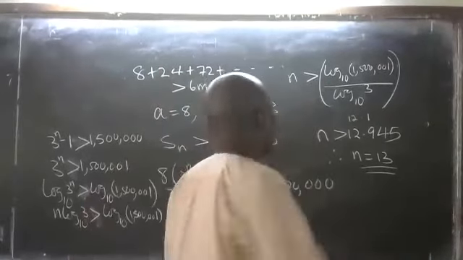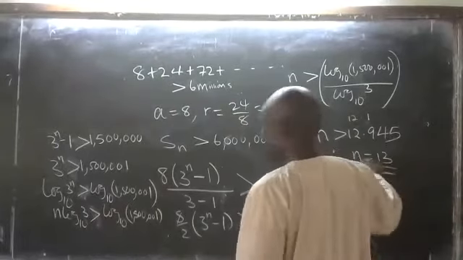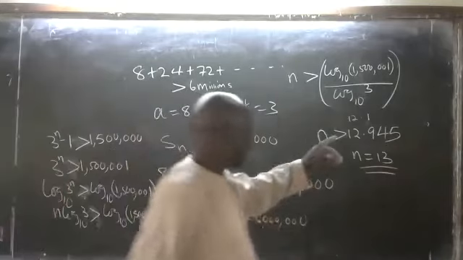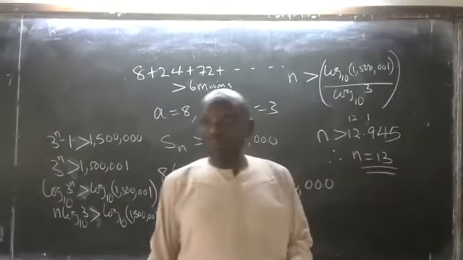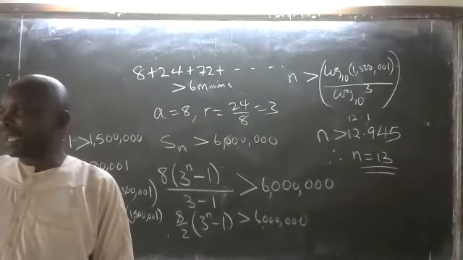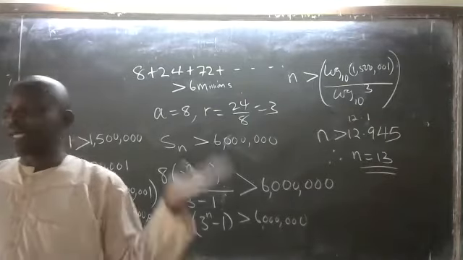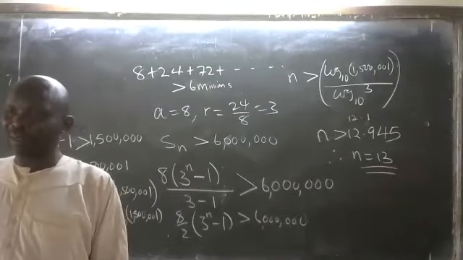Even if this figure was 12.1 something, it would be 13. And if it had said less than, we would take 12, ignoring the 0.9. If the question was less than, we take 12 as the answer. Greater than will be 13. Please put that in your heads.